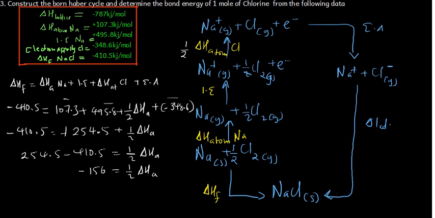And so we are going to cross multiply, so that is going to give enthalpy of atomization to be equal to negative 312 kilojoules per mole. So that will be the value for this question at this point, as we can see.